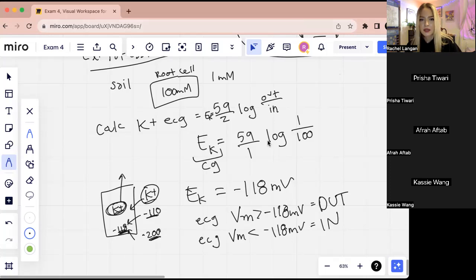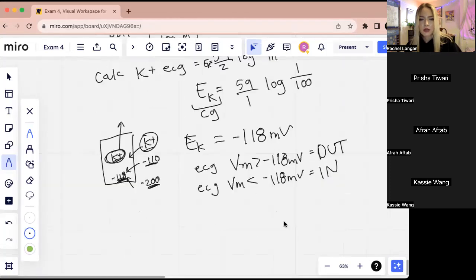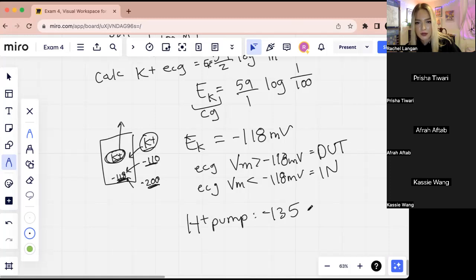And this makes sense if you think about what I told you the hydrogen pump does. So let's say the hydrogen pump makes the membrane potential negative 135 millivolts. Then at this value, we have potassium moving in.